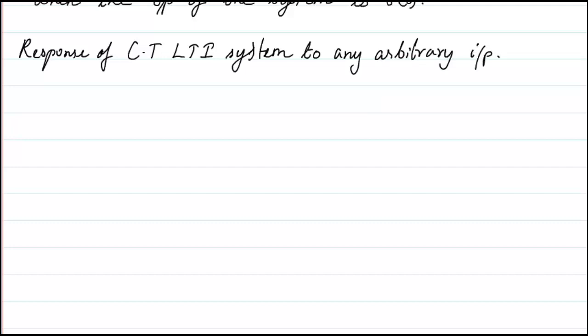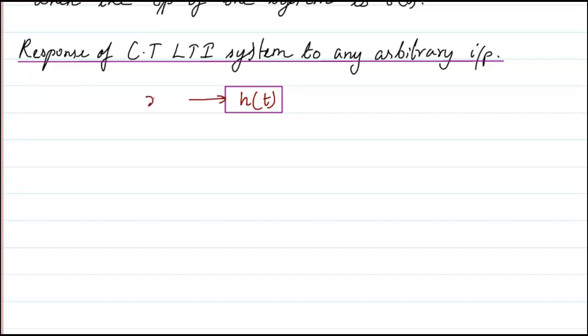That means if I am going to give any x of n and I already know h of n, then how do I basically find, if I know x of t and it's already continuous time, so I should take care now. So if it is h of t and I already know that the input signal is x of t, then how do I find out y of t?